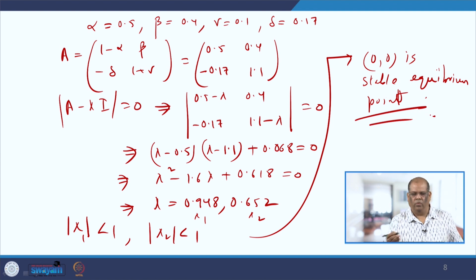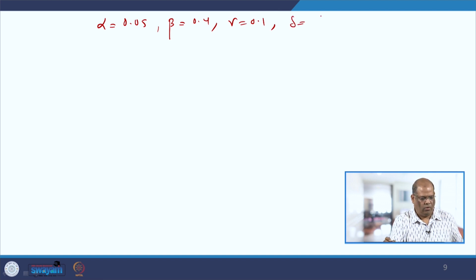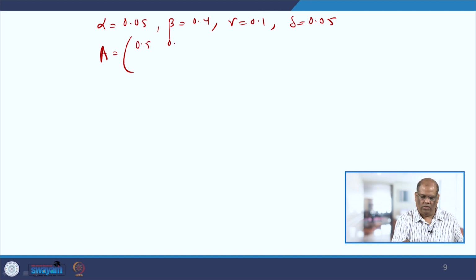However, if you change the values, say alpha equal to 0.05, beta equal to 0.4, gamma equal to 0.1 and delta equal to 0.05, in this particular case you will see your coefficient matrix is 0.95, 0.4, -0.05 and 1.1.